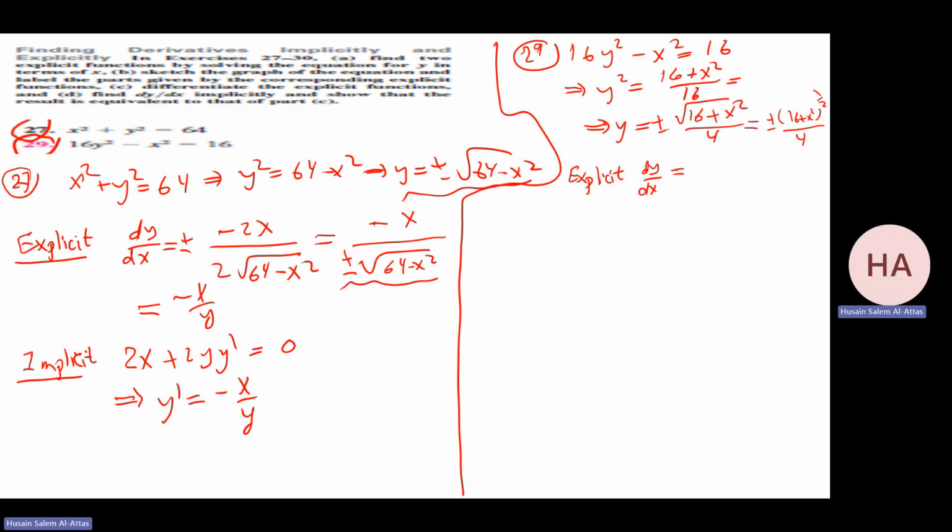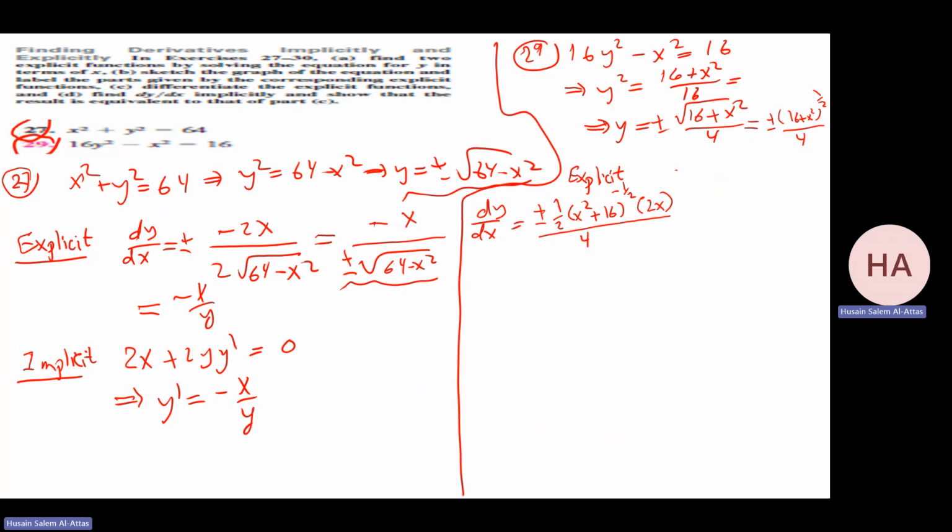That will be 1 over 8. Correct? Let me write it here. Dy by dx will be plus or minus half times x squared plus 16 to the power minus half times 2x over 4.